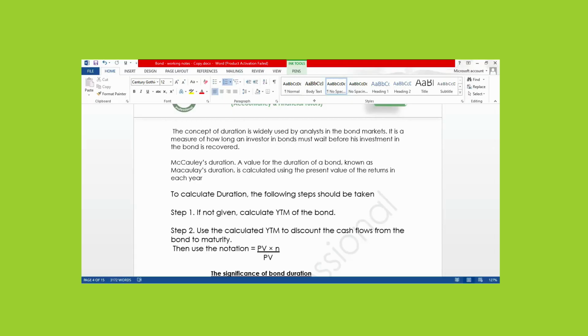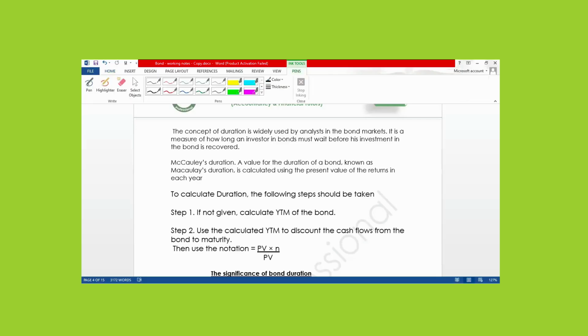The notation is equal to summation of present value multiplied by n, divided by summation of present value.